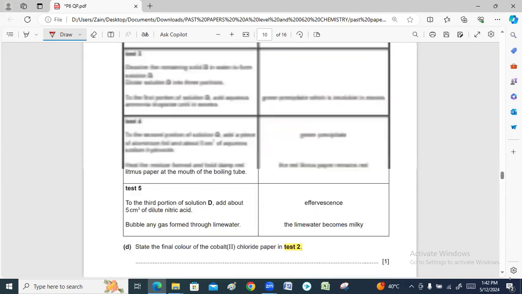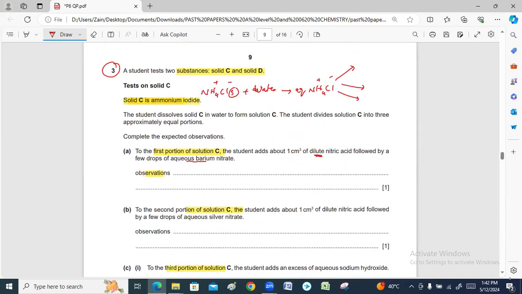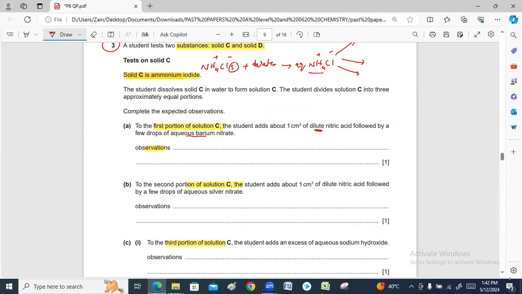But this is an aqueous solution of ammonium chloride, so no sulfate is present there. This barium nitrate is used for the test of sulfate ion. Because no sulfate ions are there, we can say there is no observation, so no change.